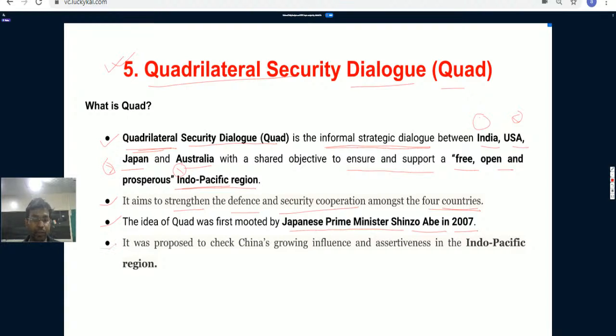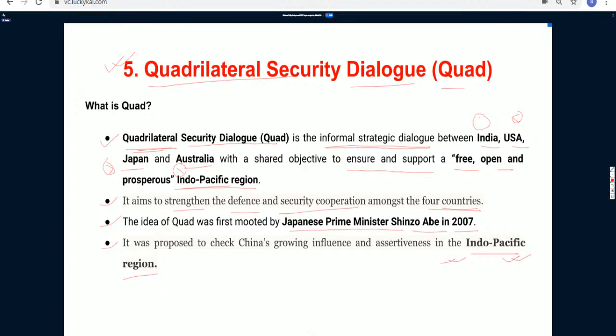It was proposed to check China's growing influence and assertiveness in the Indo-Pacific region. Indo-Pacific region means the Indian Ocean region and the Pacific Ocean region. So Shinzo Abe, the Japanese Prime Minister, mooted this idea that we can integrate the Indo-Pacific region.